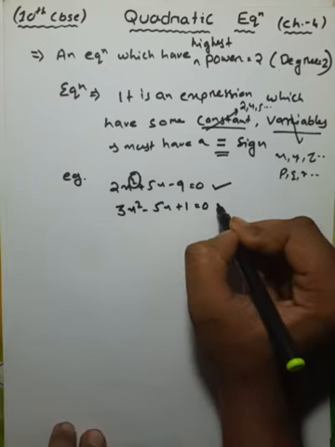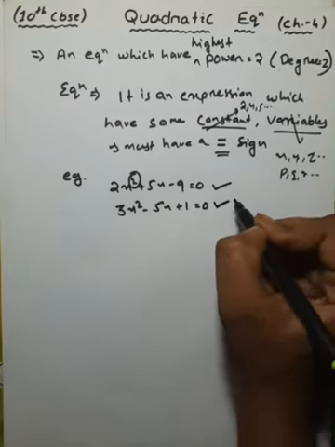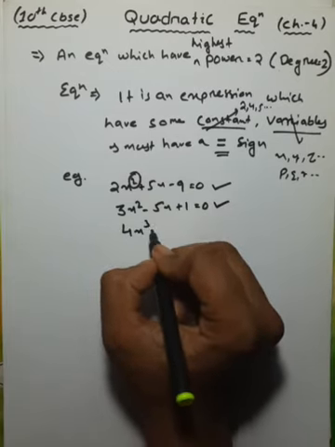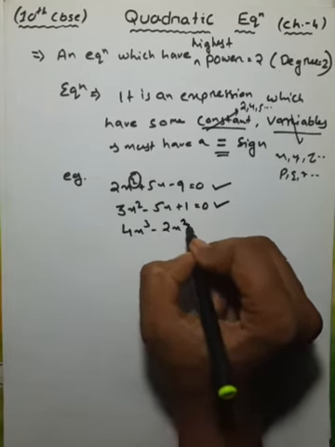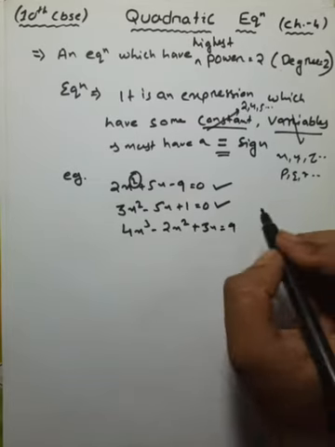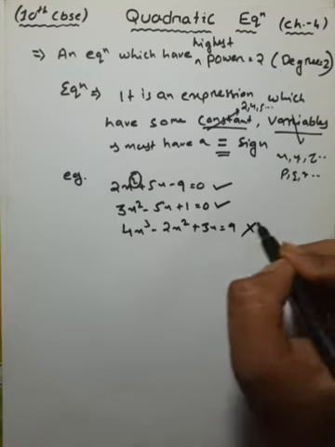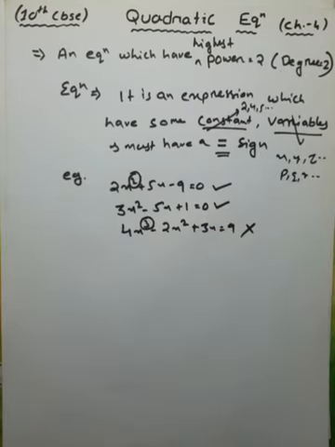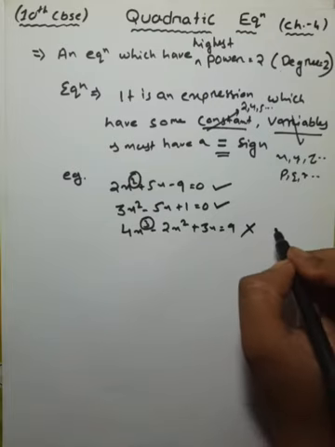This is also a quadratic equation because the degree is 2. Suppose 4x cube minus 2x square plus 3x is equal to 9. This is not a quadratic equation because the highest power is 3. So this is a cubic equation.